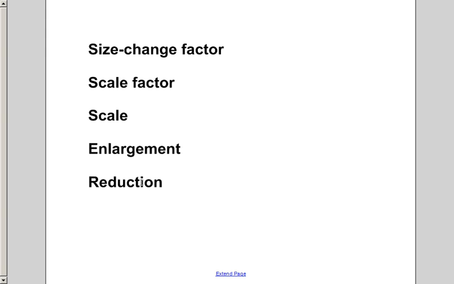When we have an enlargement or a reduction of an object, we can use scale, scale factor, and size change factor, which are ratios that tell us how much it's been enlarged or reduced. So here we'll talk more about that.